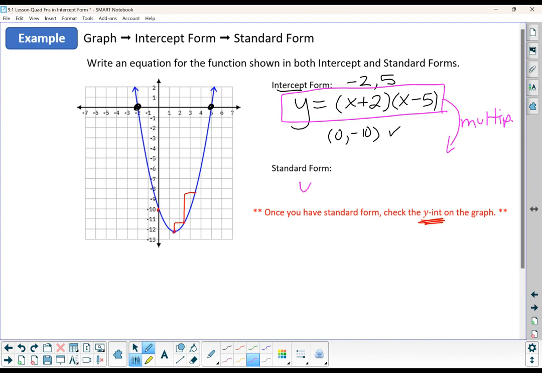That gives me y equals x squared, a negative 5x and a positive 2x, so that's going to be a middle term of negative 3x, and then my constant is negative 10. So this would be the standard form of my function. Again, you do not get standard form by looking at something on the graph. You get standard form from multiplying out intercept form.